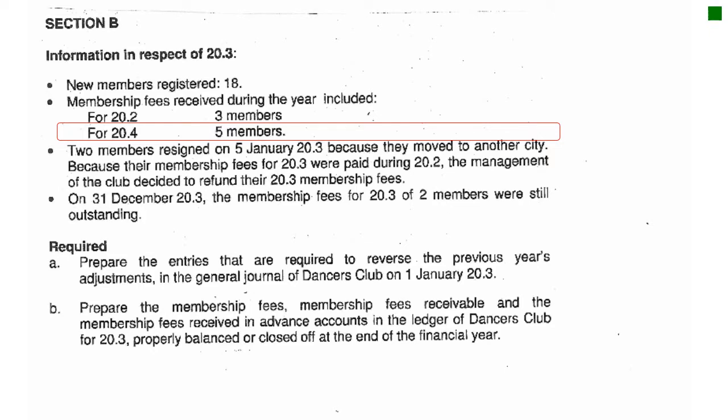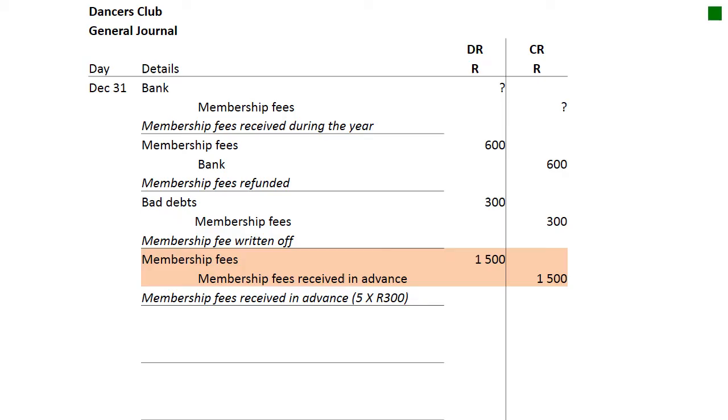They also tell us that membership fees for 2004 were received from 5 members, so we know those are membership fees received in advance. So we can now do the closing adjustment. So this is our journal entry for the membership fees received in advance. We received during the current year membership fees for 5 members relating to next year. So that's 1,500 Rand that's going to be credited to our liability, membership fees received in advance, 1,500.